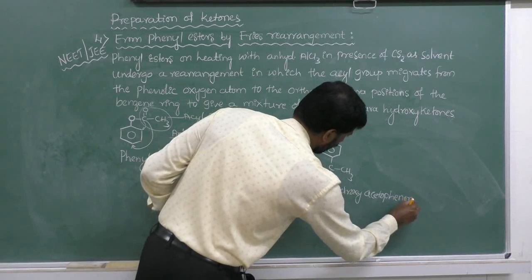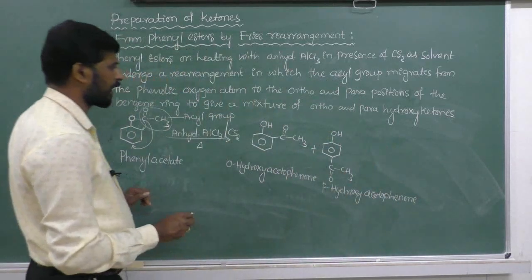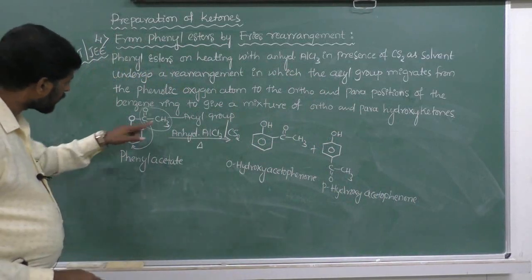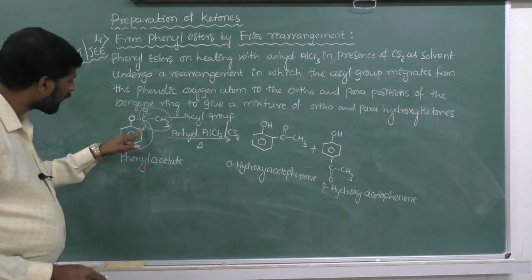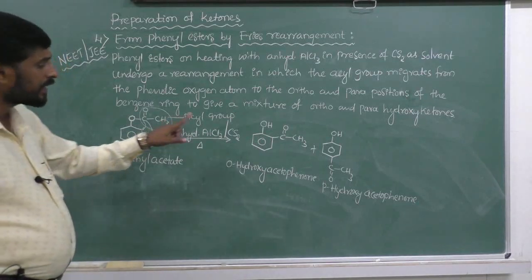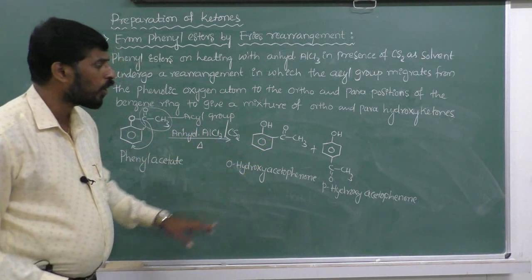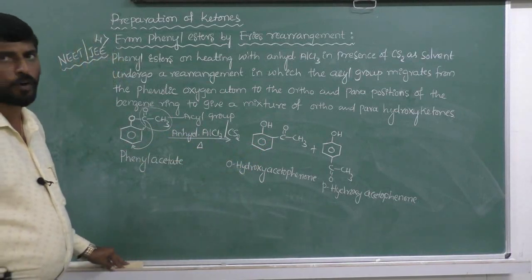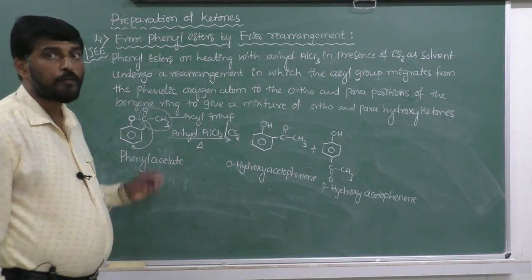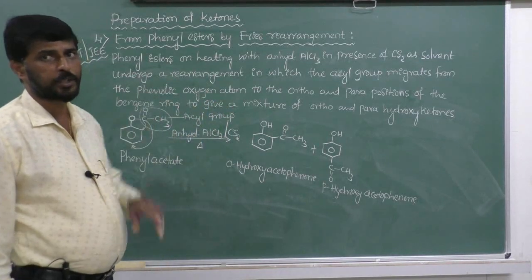Ortho hydroxy acetophenone and para hydroxy acetophenone are formed. Now this entire acyl group migrates to either the ortho position or the para position, that leads to the formation of ortho and para products, and this rearrangement is called the Fries rearrangement.